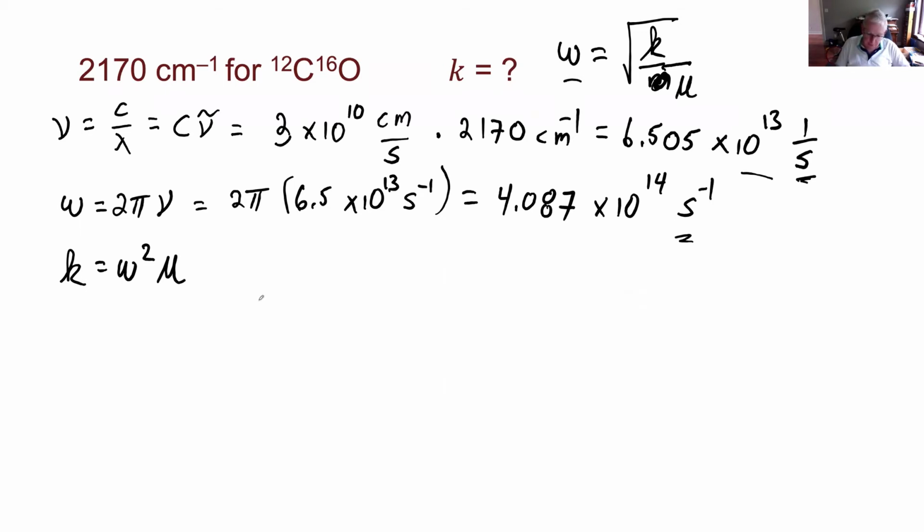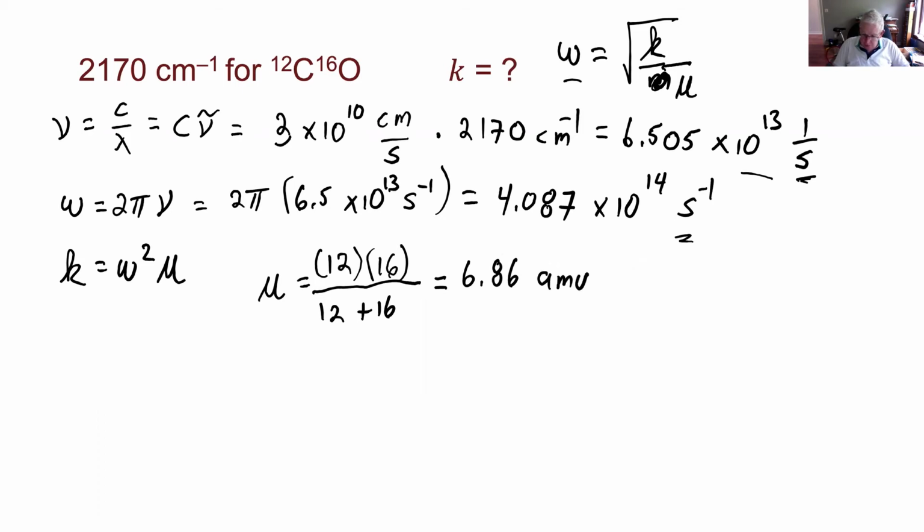Mu is equal to the product of the masses, which I'm just going to do as whole numbers, since these are both very close to whole numbers anyway, over the sum. If I multiply that out, my notes say I get 6.86 in AMUs. If you convert that to kilograms, we should get 1.14 times 10 to the -26 kilograms.